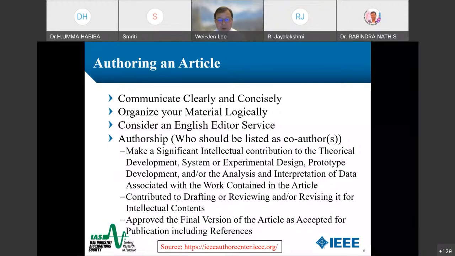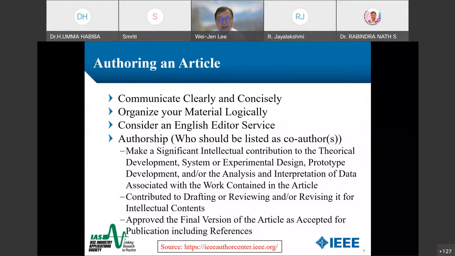And for the authorship, who should be listed as co-authors? It's not that you put all the important or famous people as your co-authors, because a lot of the time reviews are double-blinded, or the reviewers just look at the content. The author should make a significant intellectual contribution to the theoretical development, system or experimental design, or prototype design.